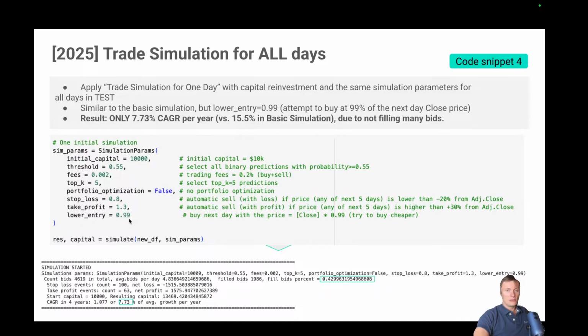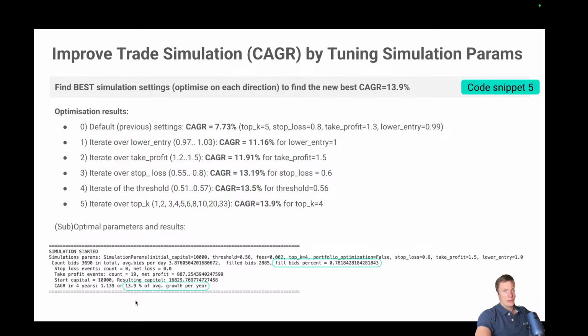That means that not all of our bids were filled, and many of the cases when the stock was growing did not happen for us. That's why we lost some of the growth. So you may want to optimize that lower entry parameter.